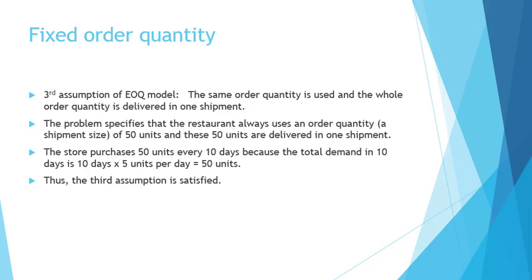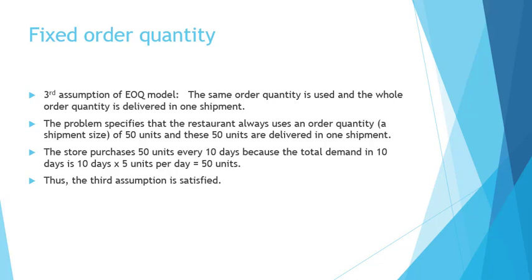The EOQ model also requires the same order quantity is used and the whole order quantity is delivered in one shipment, in one delivery. As we remember, the problem specifies that the store always uses an order quantity of 50 units, and these 50 units are delivered in one shipment.